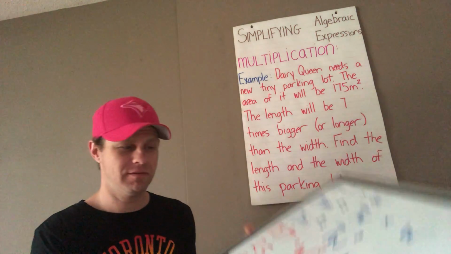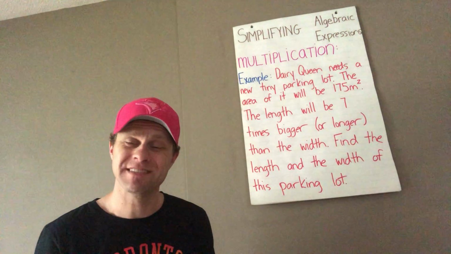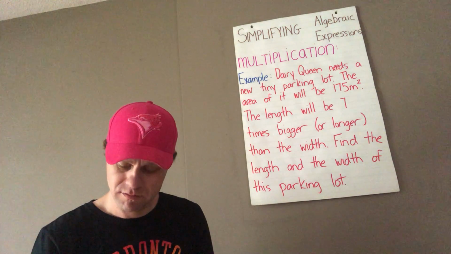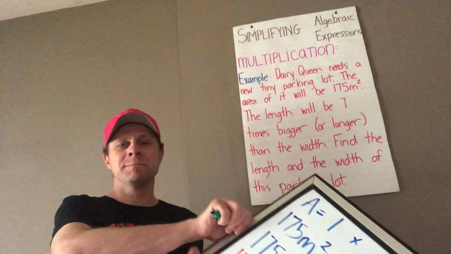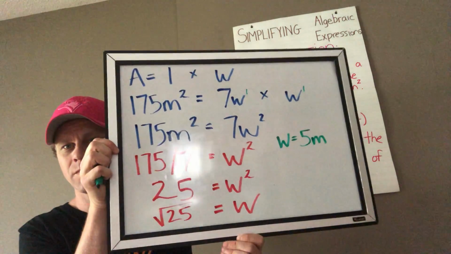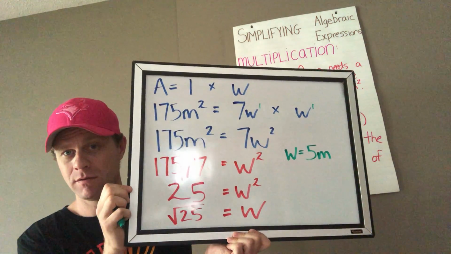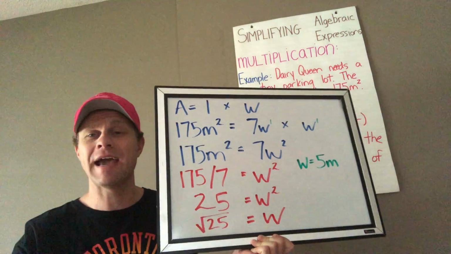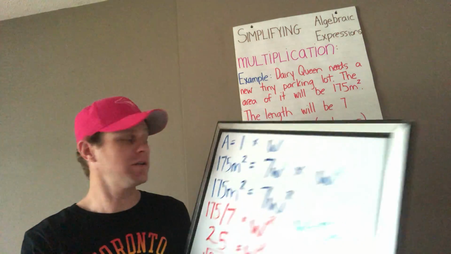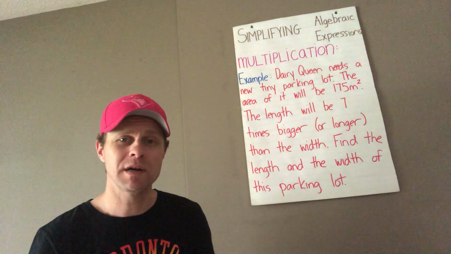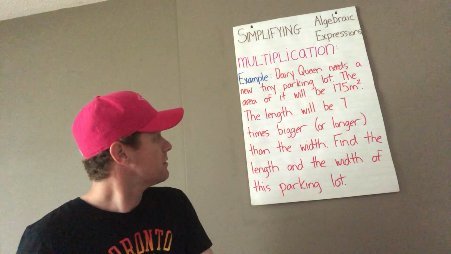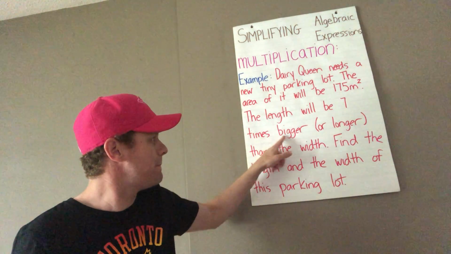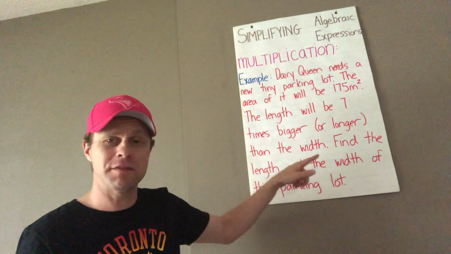But 5 what? 5 kilometers, 5 centimeters, 5 meters. We found the width. But that doesn't answer our question. We need the width and the length. So if you go back to our word problem, what does it say about our length? The length will be 7 times bigger than the width.